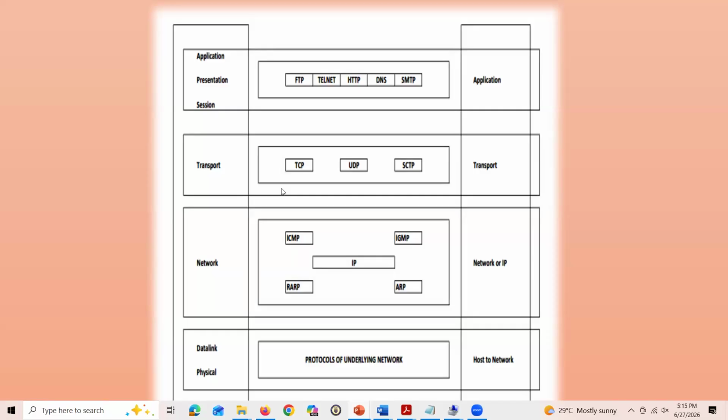So when we come to the two most important models in networking or data communication, these are the OSI model and TCP/IP. What is their purpose? The purpose is to ensure that data is transmitted across the various network platforms seamlessly without any interference.